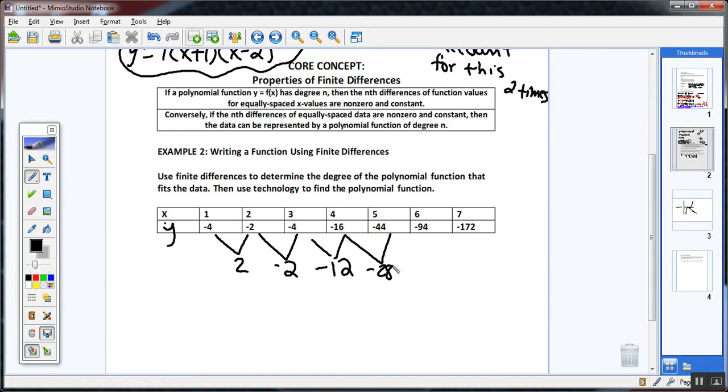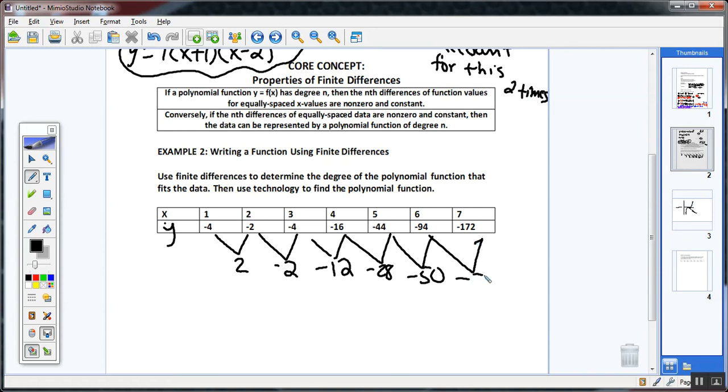Somebody do the -94 minus -44, or in other words, -94 plus 44. What would that be? And then right here, do -172 minus -94. And think about it. If it was 94 below 0 to 172 below 0, is that getting bigger or smaller? So it's going to be a negative number. What is -172 minus -94?